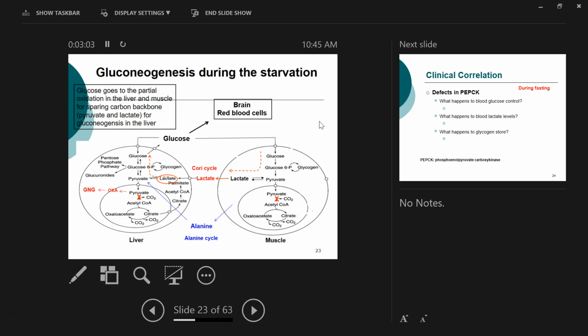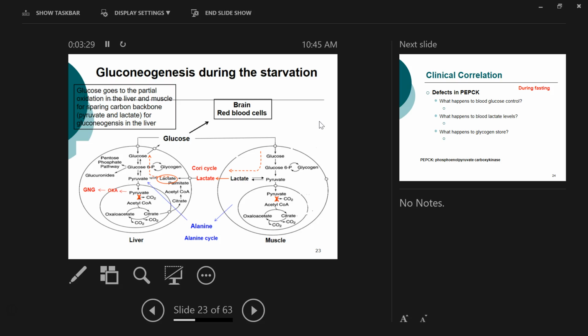So the Cori cycle, what is the precursor for gluconeogenesis? Remember the Cori cycle? Lactate, right? Lactate is the substrate or precursor for gluconeogenesis. And where does lactate come from? Which tissues contribute?